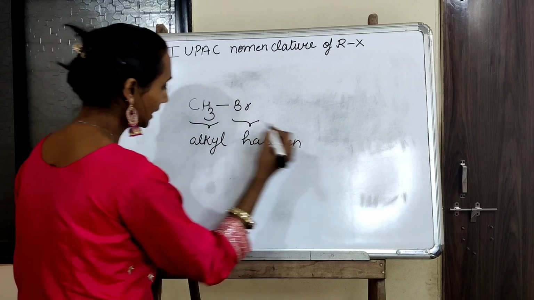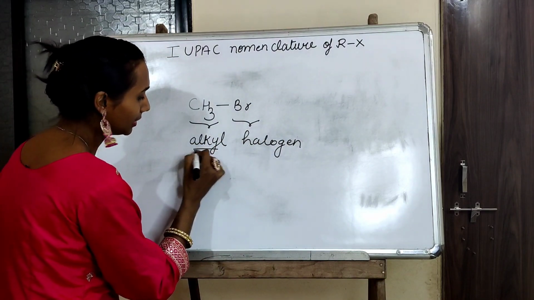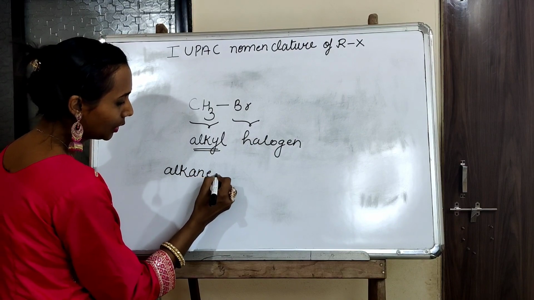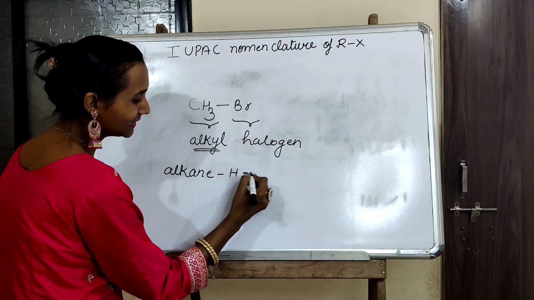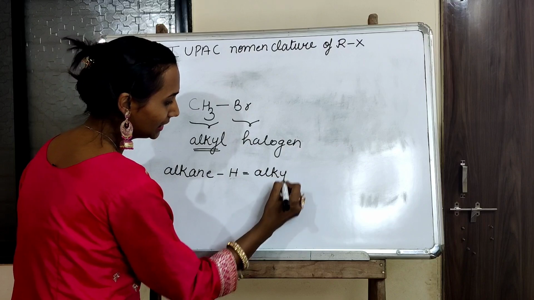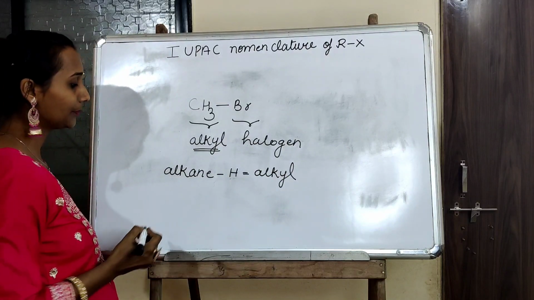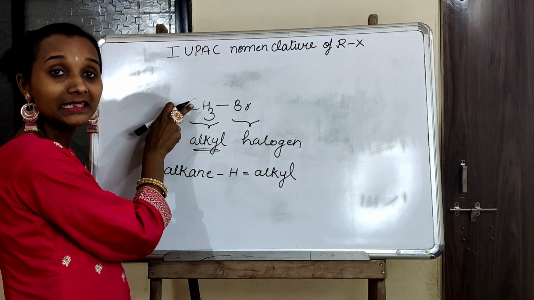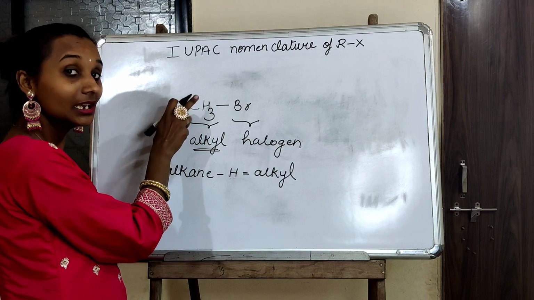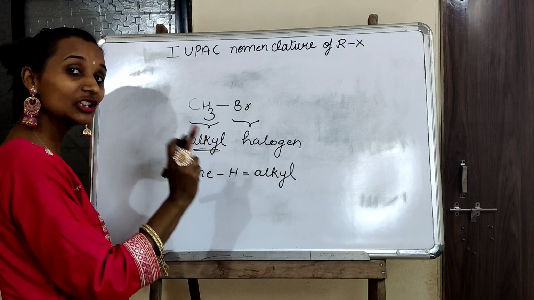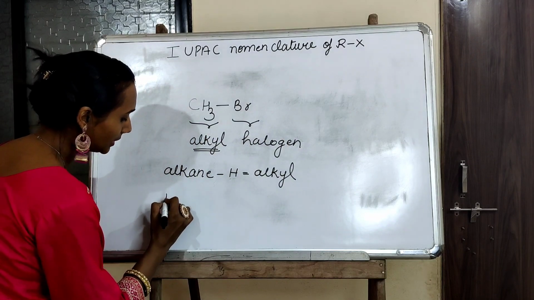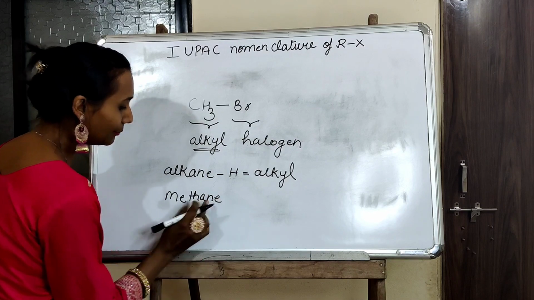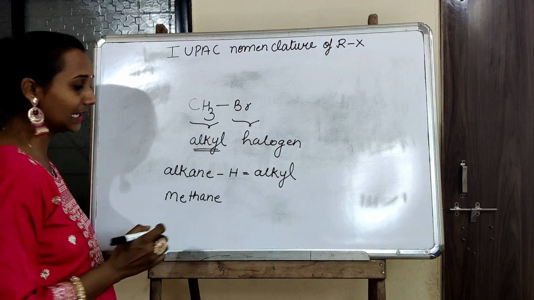Now, what do you mean by alkyl? Alkane minus 1 hydrogen is equal to alkyl group. Now you can see if it had not been CH3, it would have been CH4, which is nothing but methane, an example of alkane.